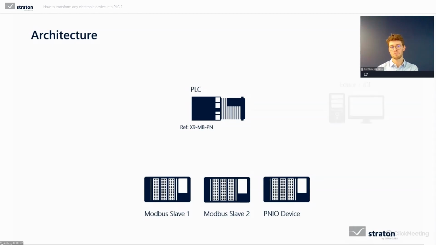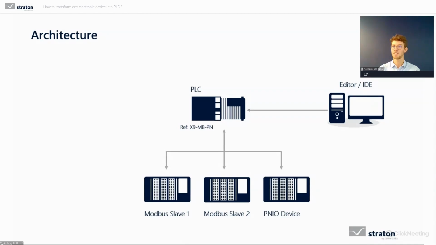You buy it. It comes with an editor to be able to program the application in the 5 languages of the IEC 61131-3. So for example, in FBD, in function block diagram. And you make your communication working. So that's it. It works and everybody is happy.